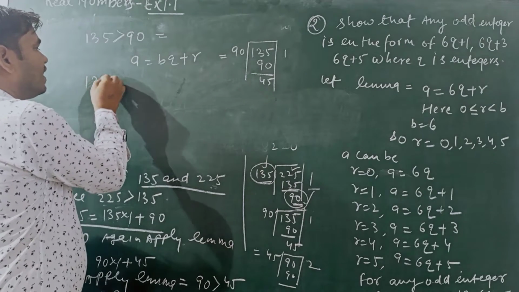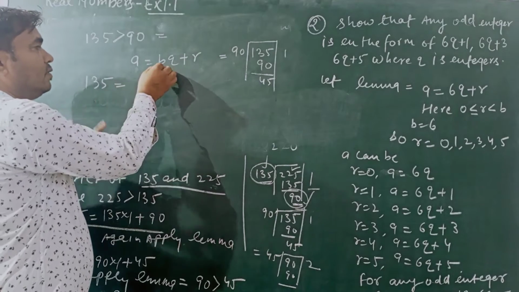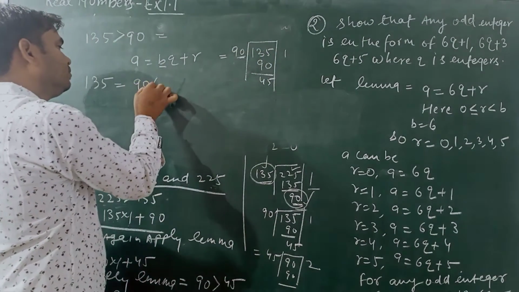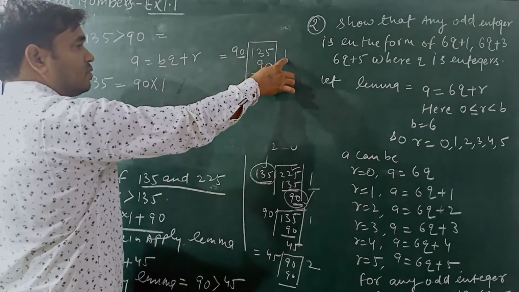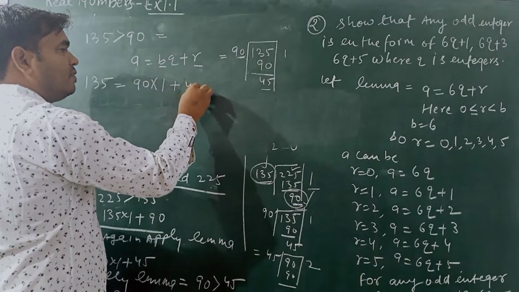So we satisfy the condition: 135 as the dividend and 90 as the divisor, multiplied by 1 as the quotient, plus remainder r equal to 45.